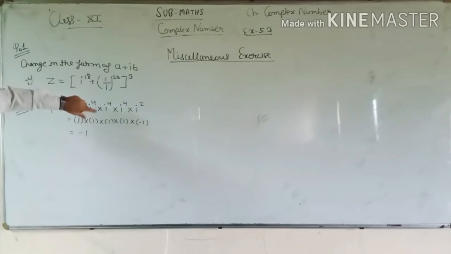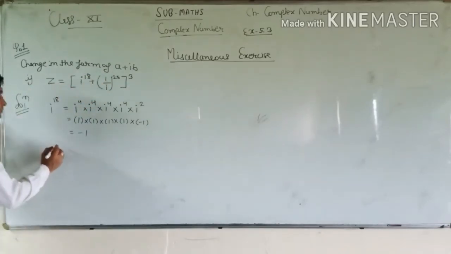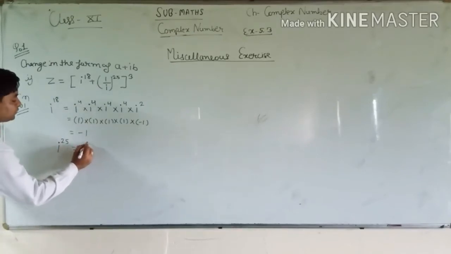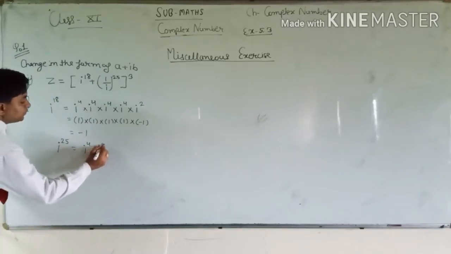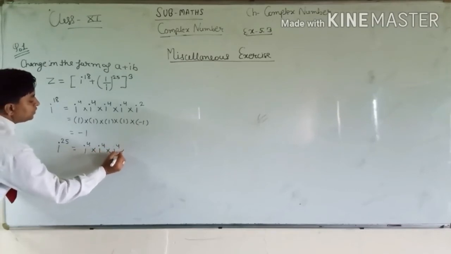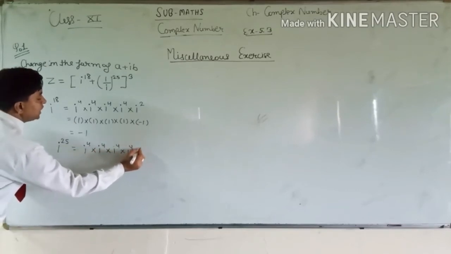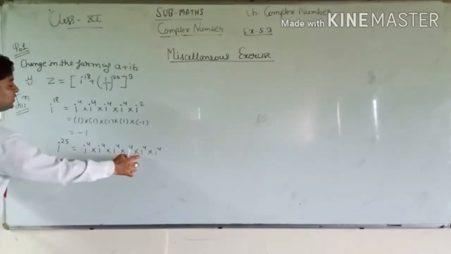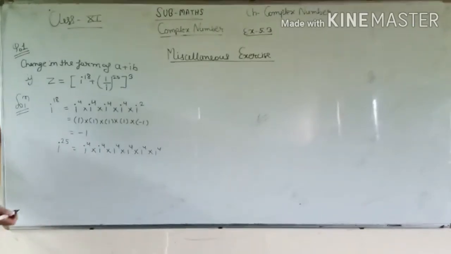Now, second, the power of iota is 25. Then this is iota power 4 six times: 1, 2, 3, 4, 5, 6. 6 times 4 is 24, and plus 1 remaining.